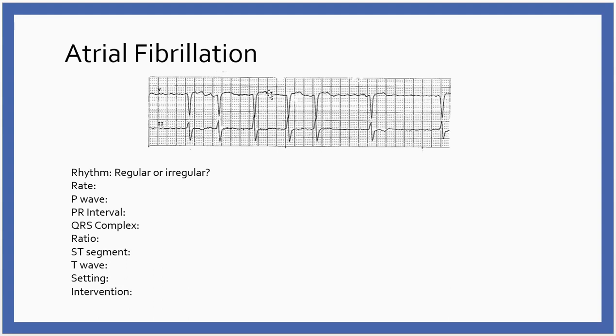All right, so once again, when we look at the setting for atrial fibrillation, this tends to be people that have problems that stretch out the atria. So valvular issues, COPD, heart failure, hypertension, heart attack, cardiomyopathy, also hyperthyroidism.